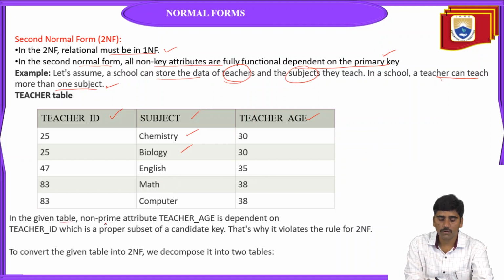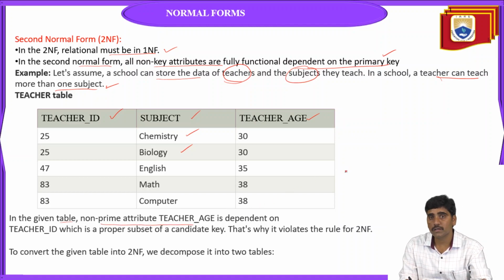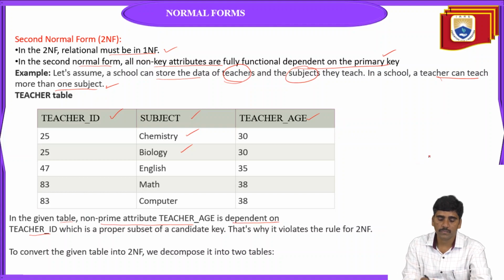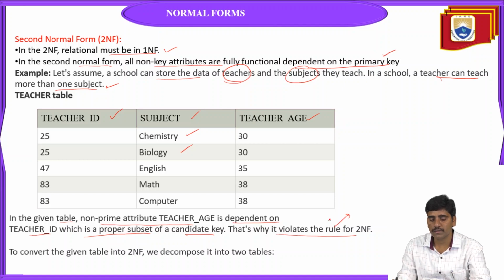In the given table, the non-prime attribute teacher age is dependent on teacher ID, which is a proper subset of the candidate key. So it violates the second normal form.